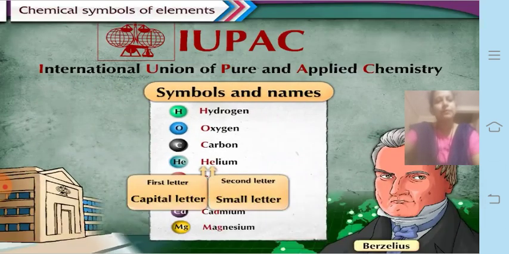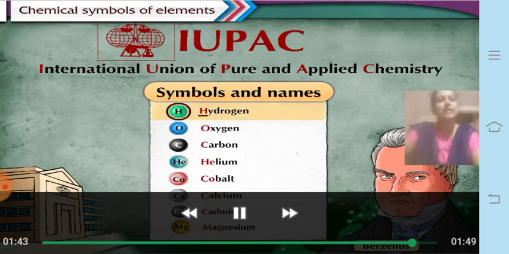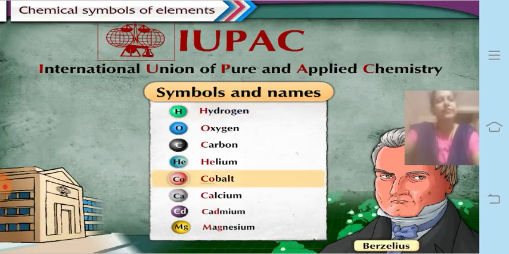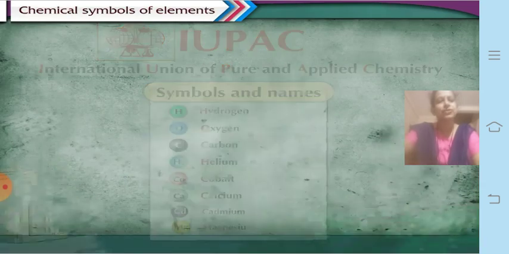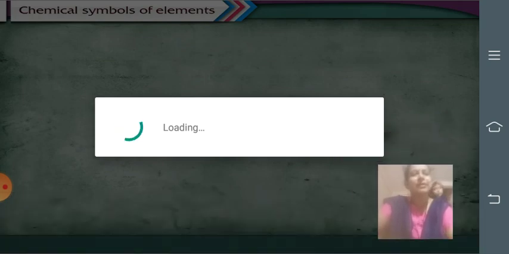So the first letter is the capital letter and the second letter is the small letter. So this was how Berzelius gave it. Hydrogen has H, cobalt has Co, calcium has Ca. And this way the chemical symbols of the different elements were given.